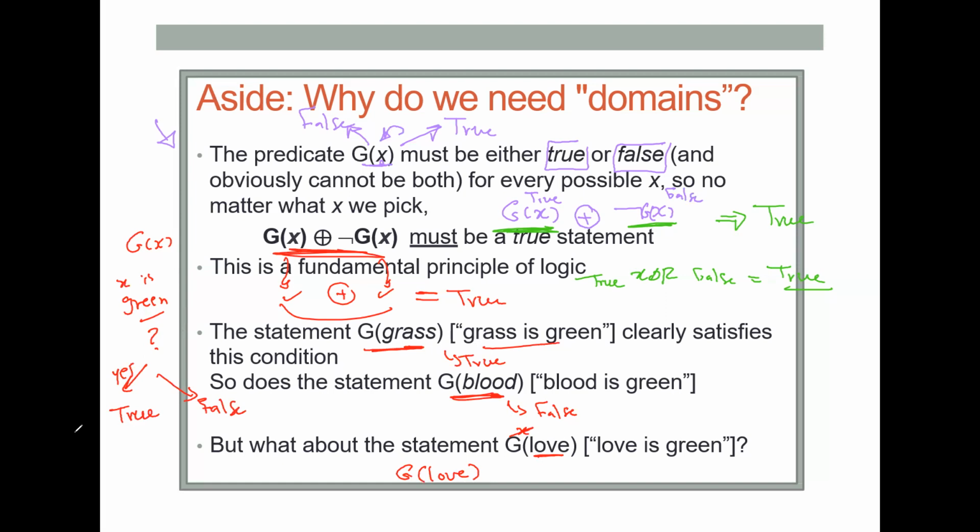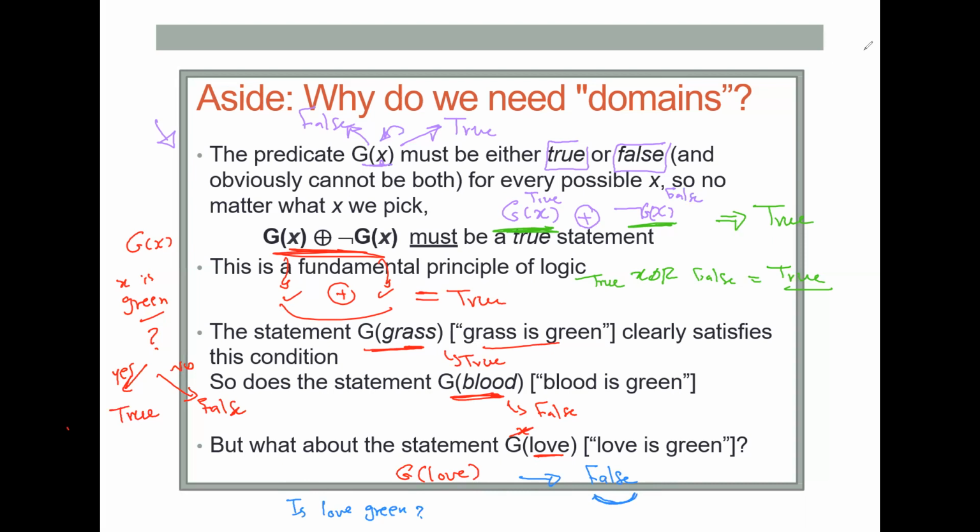So the first intuition would be, okay, does love have a green color? It would be no, it's not. Love is not green, which means that its value is false. So you just calculated G of love to be false.